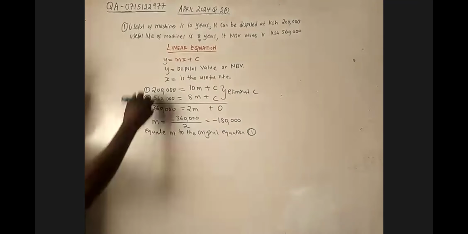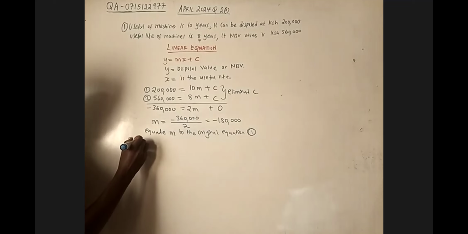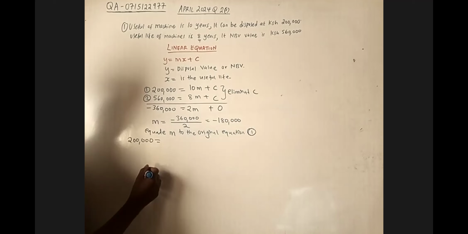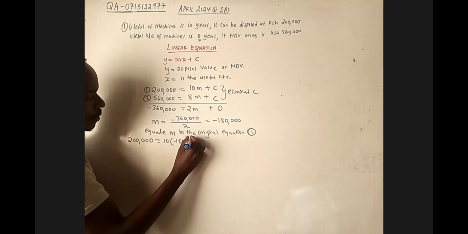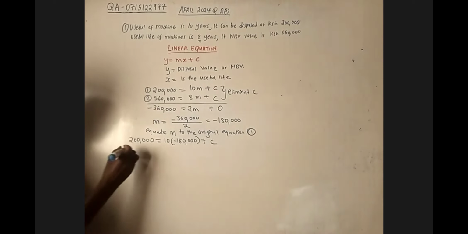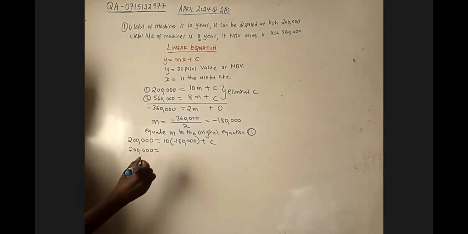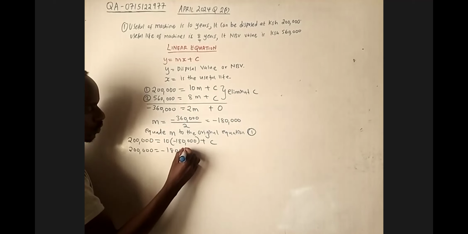We say 200,000 is equal to minus 180,000 times 10, which is minus 1.8 million, plus c.